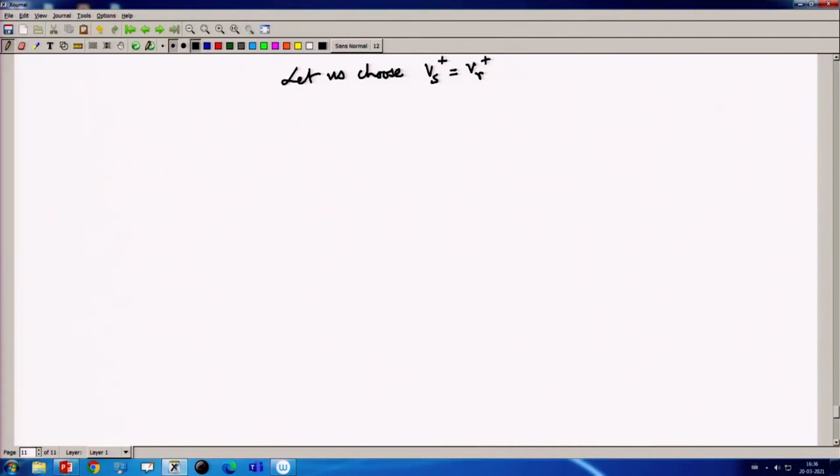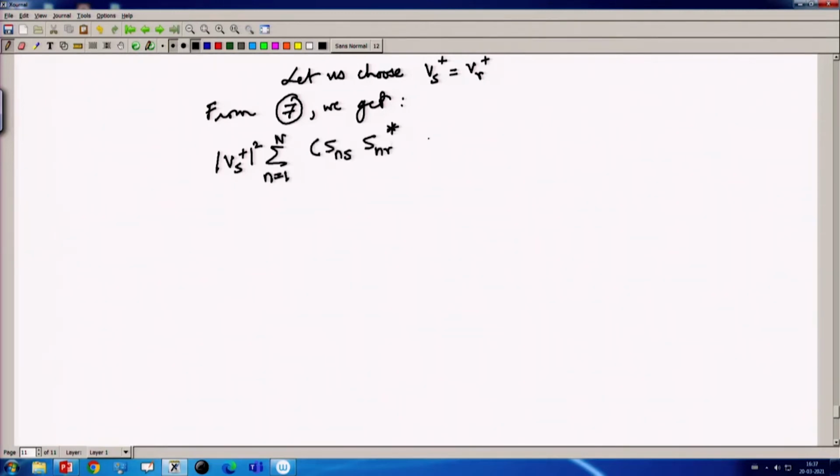So, when we do that, equation number 7 can be rephrased as, so we call this equation 8.